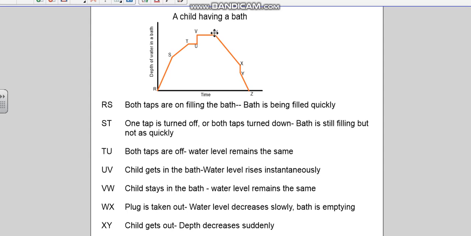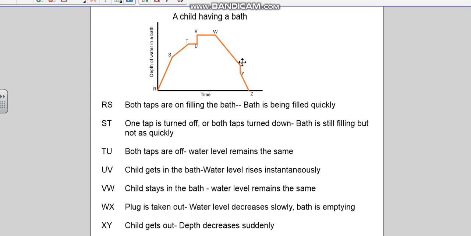W to X, now the water level is going down, and because it's going down gradually, that's not because the child has got out, so it's got to be something like either splashing and lots of water being tipped out, or more likely that the plug is taken out and the water level is going down.